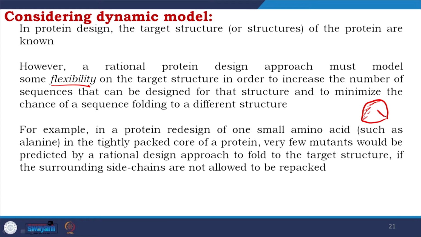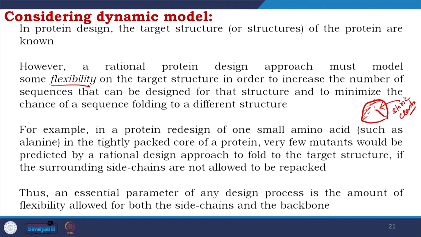You cannot allow designing a bigger amino acid because in this static environment there is a possibility of steric clash, because the environment where the small amino acid alanine or glycine were existing, an arginine in theory is not possible. But if the model could be showing dynamicity, then we could understand which amino acid could be packed there.